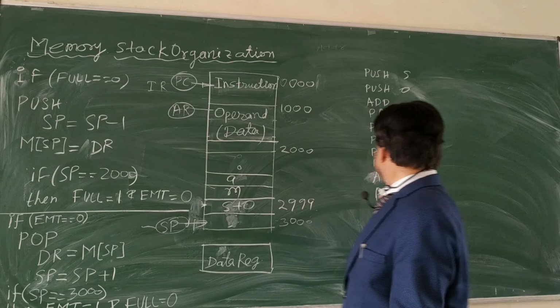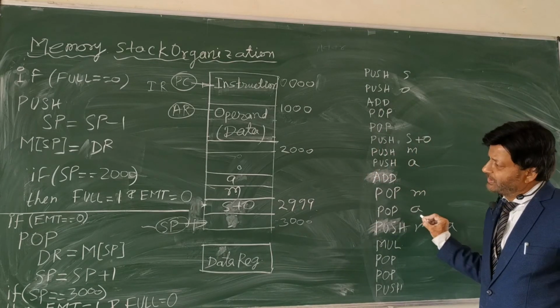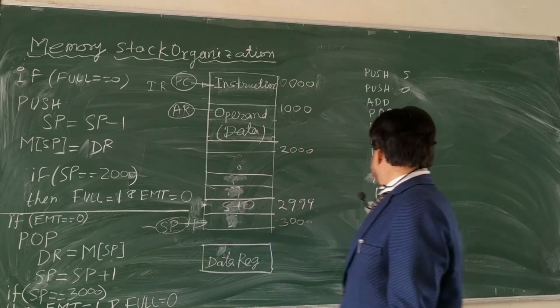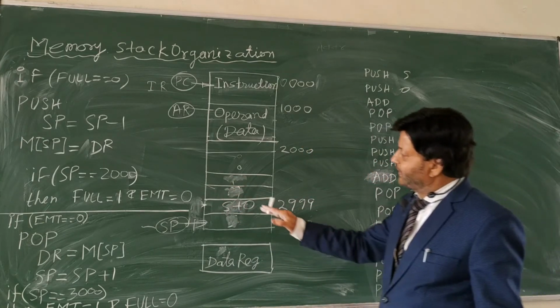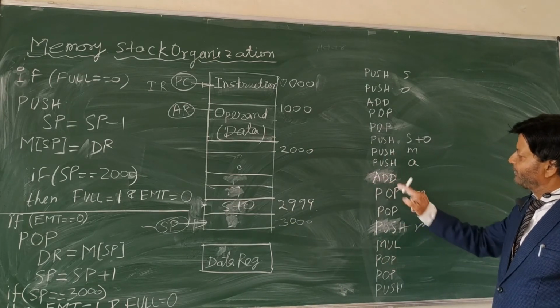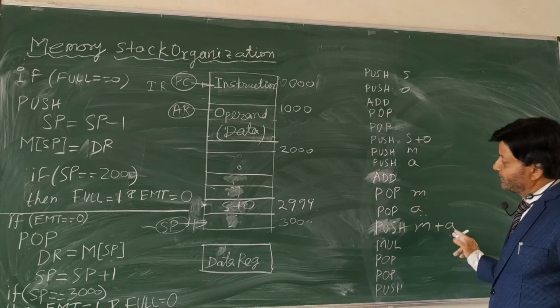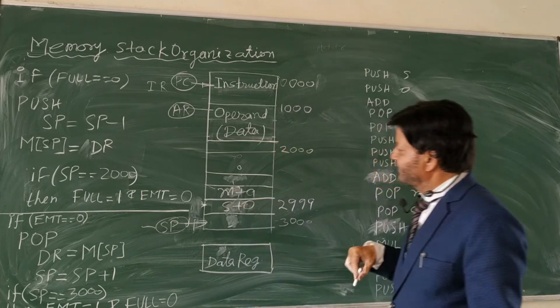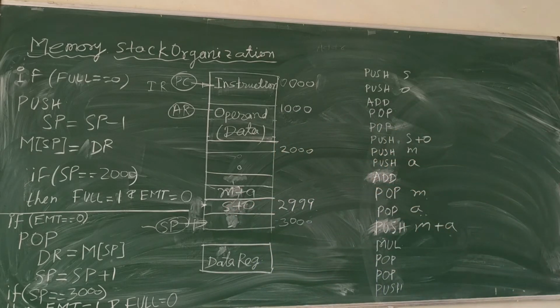So now you will push M, push A. These will be popped, M and A, and added, and again pushed into the stack. So M plus A will be pushed into the stack. This is the thing. Okay.